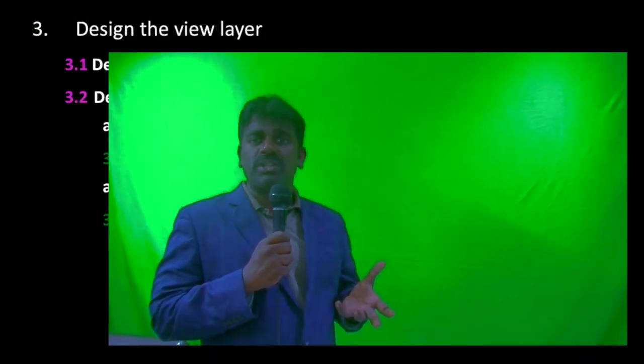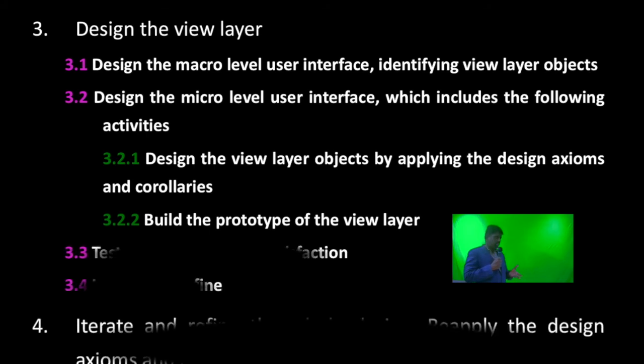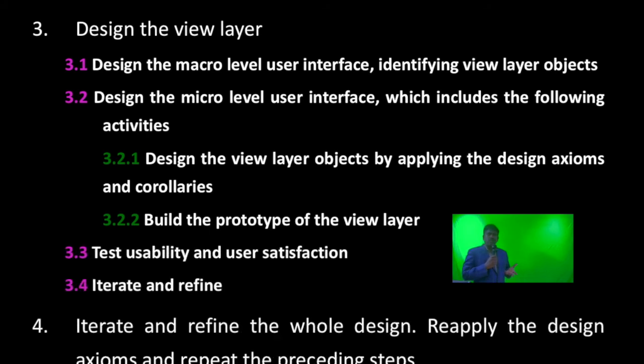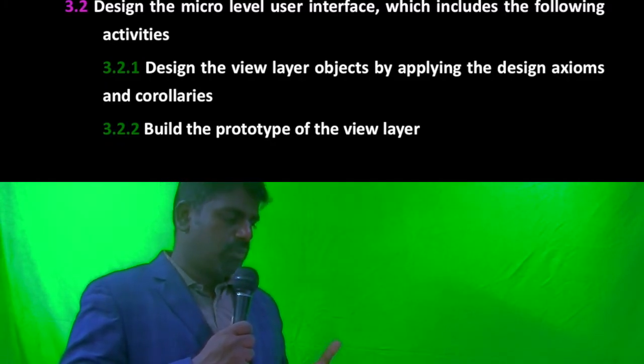And coming to the next, finally we have to go for designing the view layer. As I told you, here you have two user interface development processes, that is macro development user interface and micro development user interface. So what is the macro level user interface? In it we have to identify the view layer.